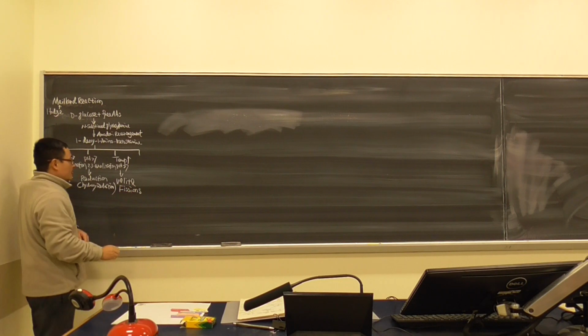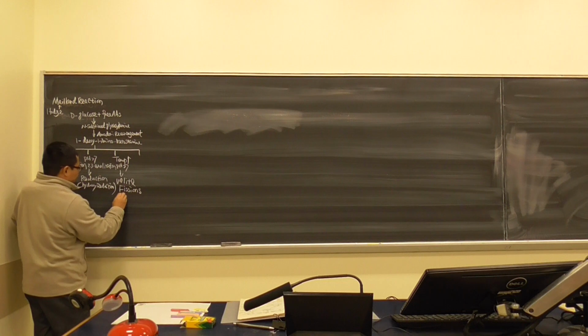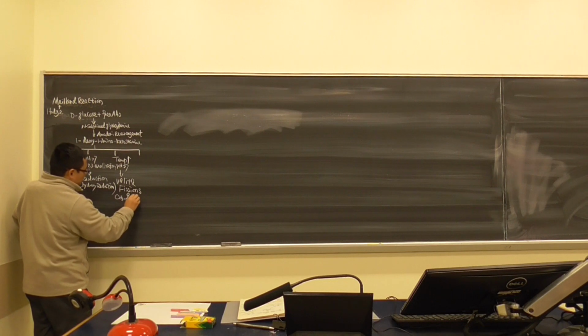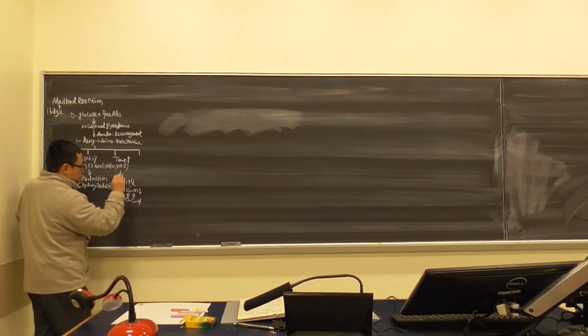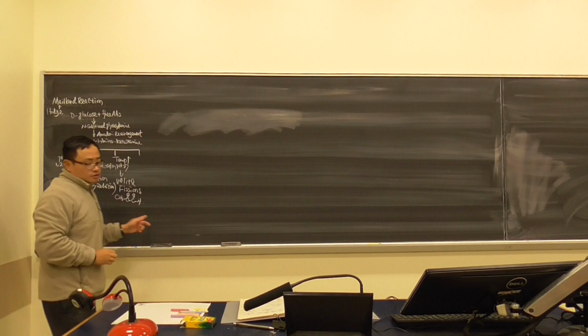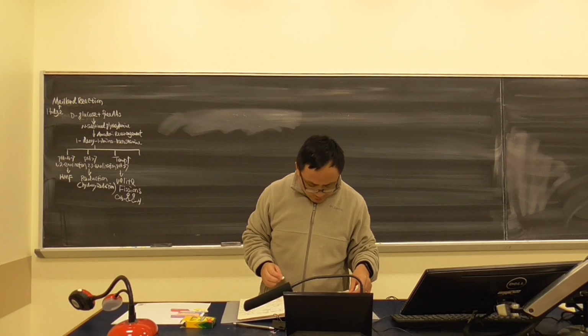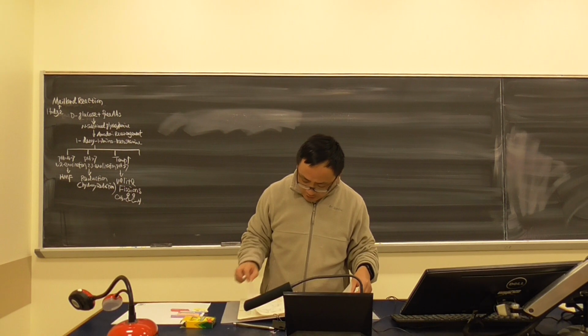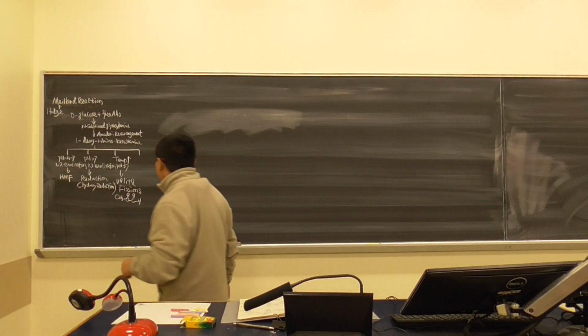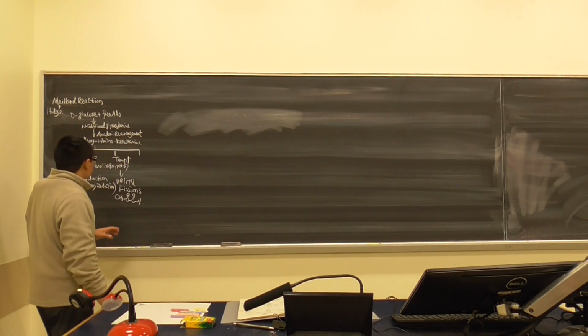Let's say we had a CH3, and this guy comes out. We call this one the fission products. This is pyrrolyl aldehyde. So that's a fission product.